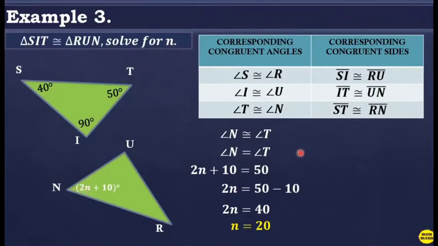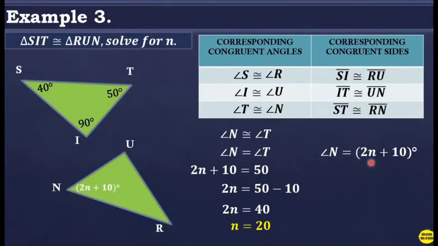So, pwede natin i-check. Kunin natin yung measure ni angle n. So, your angle n is 2n plus 10 degrees. Right? So, i-substitute natin dito yung 20. Let's see if they are really equal to each other. Dapat tingnan natin, pag sinubstitute natin dito yung n, dapat equal nga siya sa angle t. Okay?